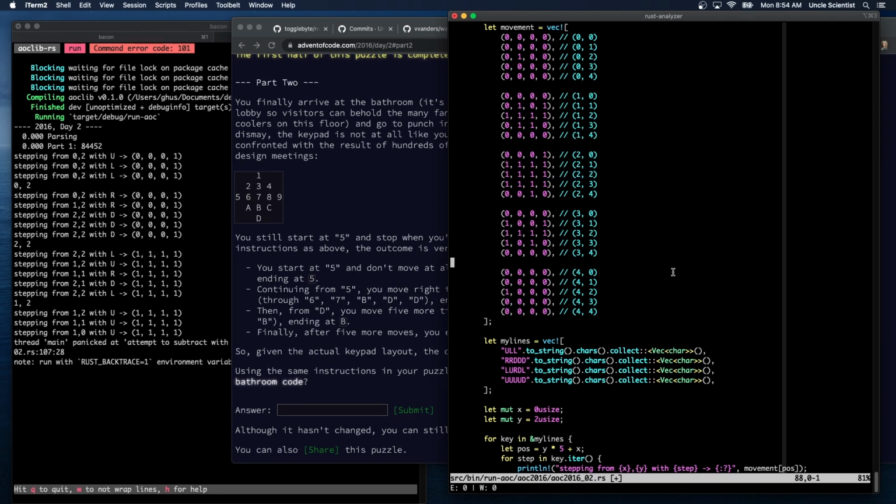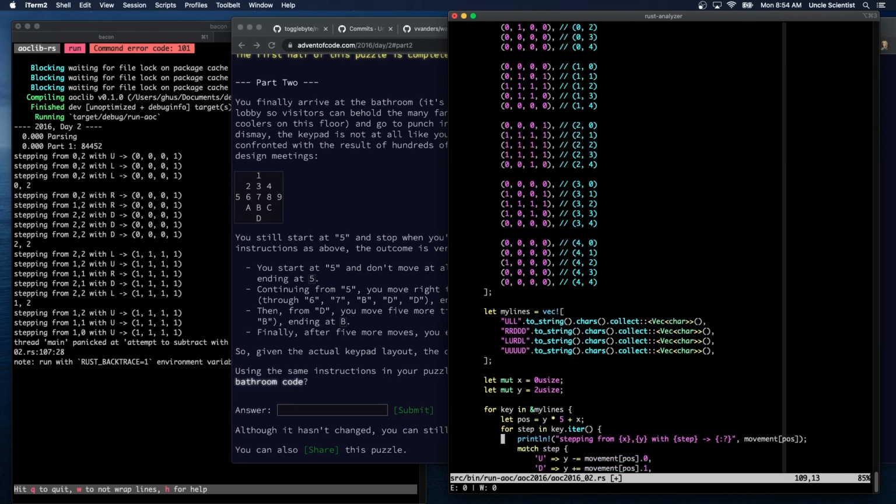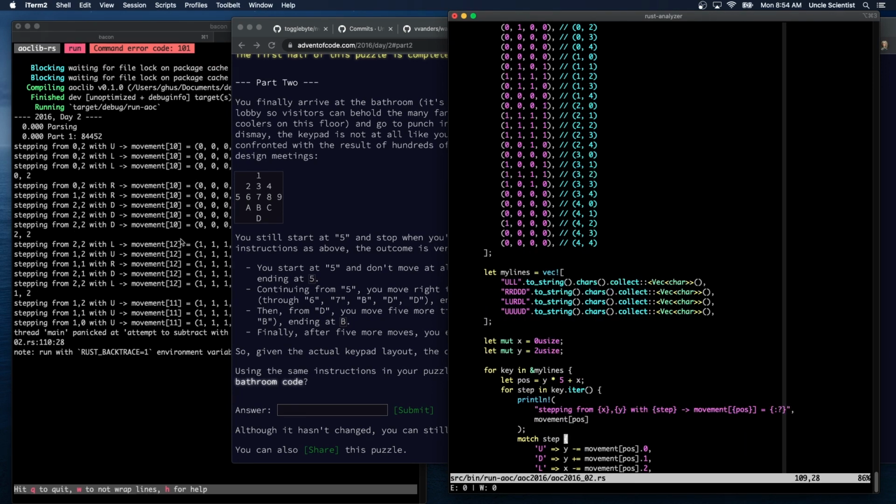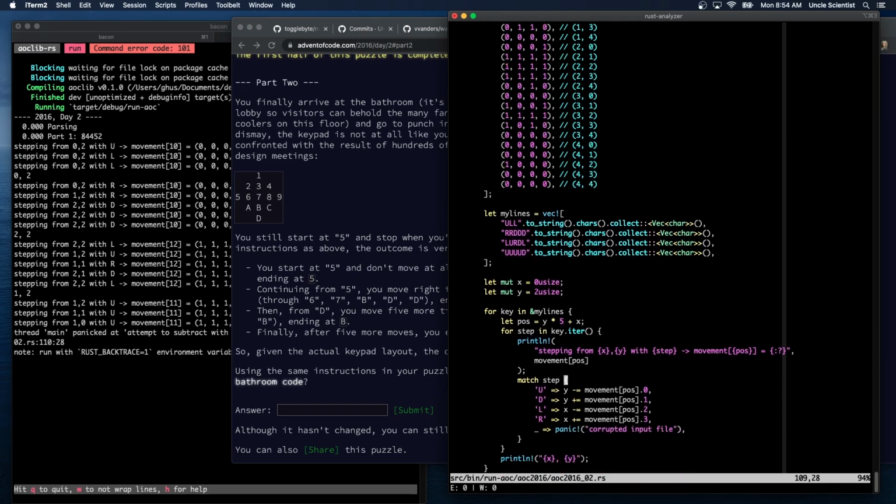All right, let's find out what the position is. Movement pause equals this. Let's see what it's coming up with. 10, 10, 10, 10, 10. That's all wrong. Right?